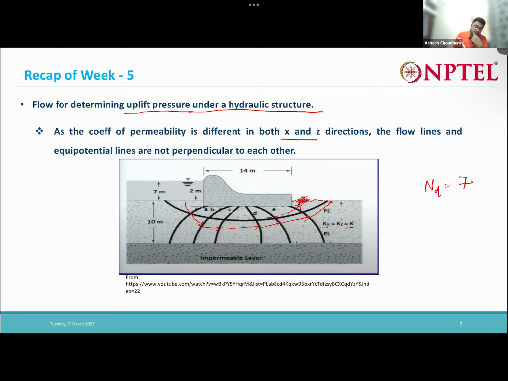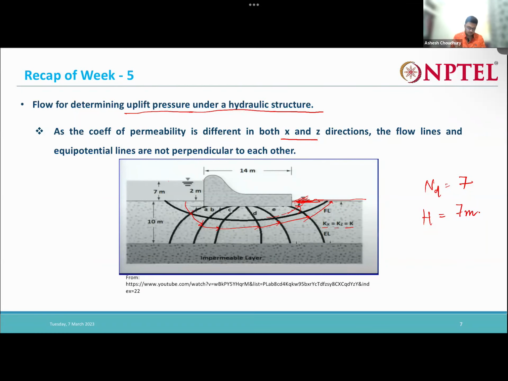Now, what is the head that is being lost? Here, the head is 7, and at the tailing part, the head is 0. So the total head that is lost is 7 meter.